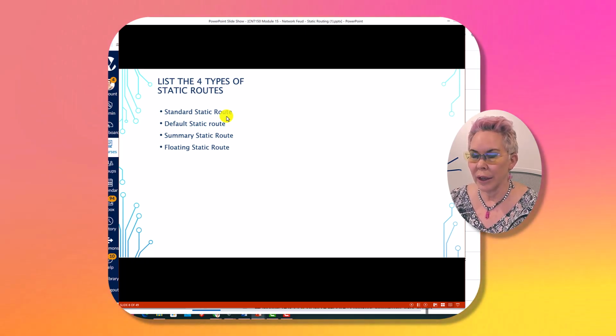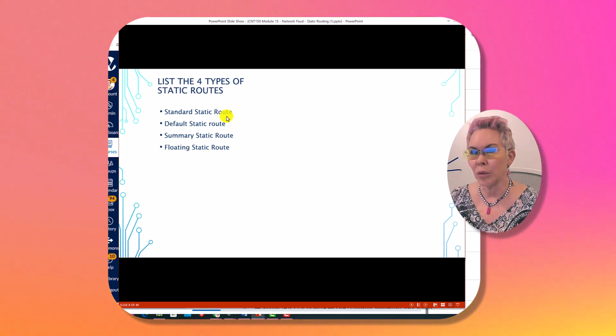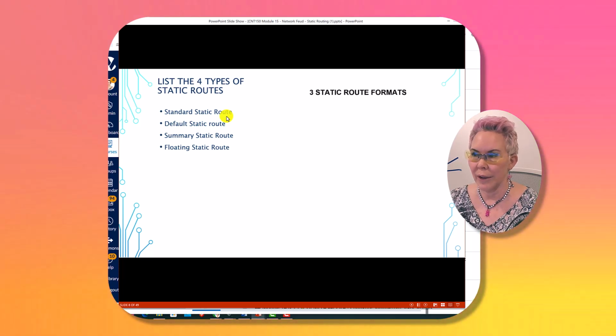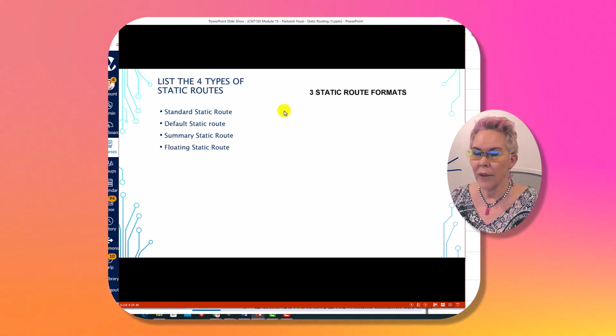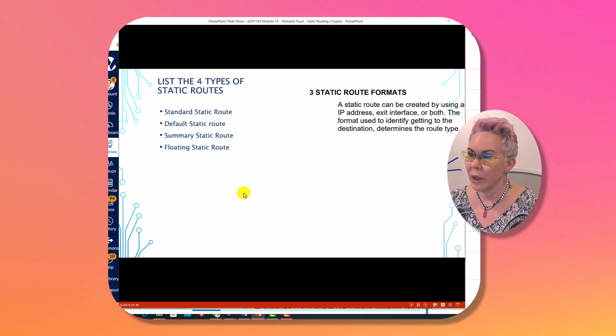Now, the other thing that I really want you to understand is that these 4 different types of routes can be written in different ways. There are actually 3 different formats for writing static routes. It doesn't matter if we're writing a standard static route, a default static route, a summary, or a floating. Any of these can be written in one of these 3 formats.